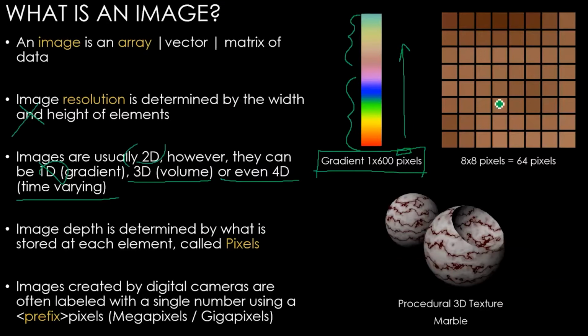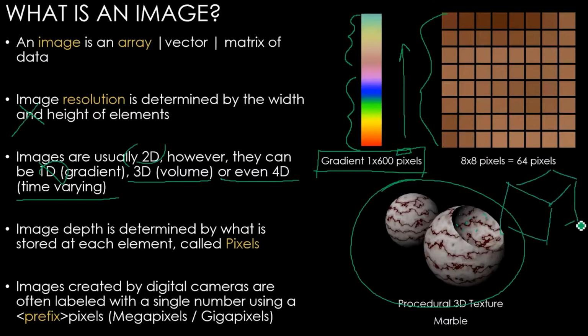So here are two examples. Of course, we have an 8x8 grid of pixels. 8x8, of course, makes for 64 total. And then down here we have an interesting one where it's a three-dimensional texture that is actually generated procedurally. That is, an algorithm is used to determine what values to place on the surface. So it's not a cube of data, right?